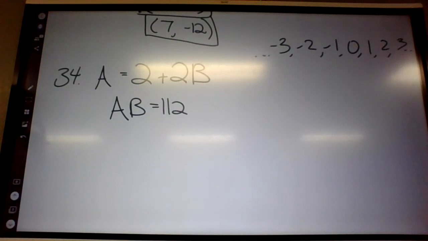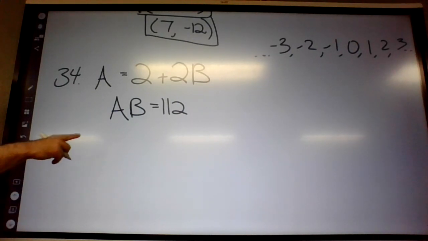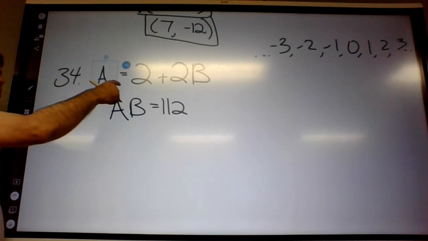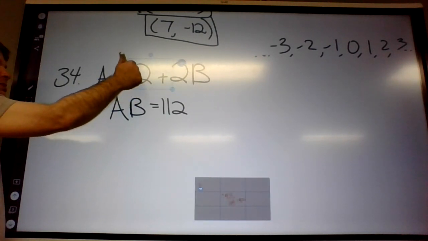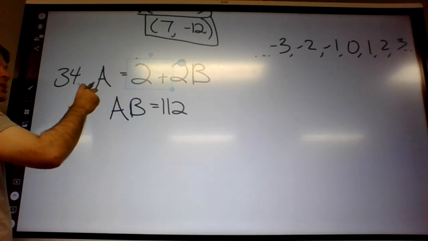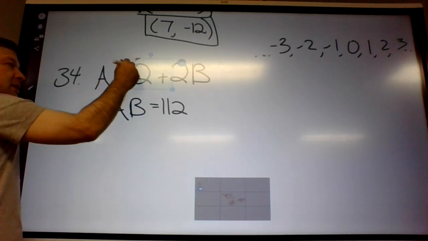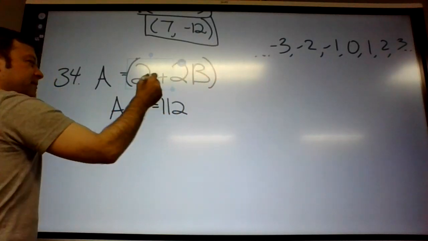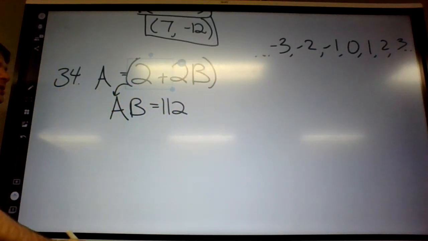What did I do last time on 33 at this point? Well, I had to move stuff around, but this time it's A equals, so it's already ready to substitute for A. A equals all this stuff. So all of this stuff can go right there.